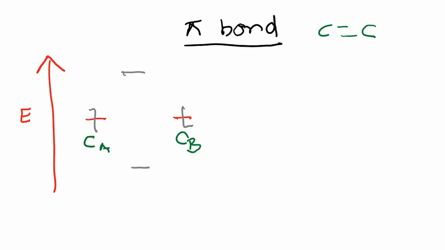One is the bonding and the other one is the anti-bonding. Both these electrons are going to be populating this bonding molecular orbital over here. And so this is actually the pi bond.